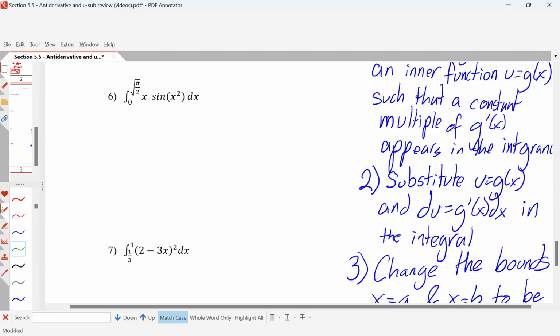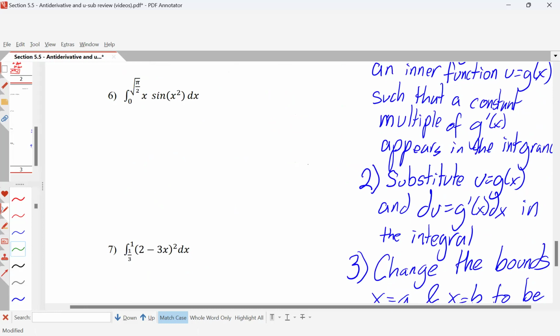Next example. We want to identify that inner function. In this case, our inner function is going to be x squared because its derivative is 2x dx, and x dx appears in the integral.